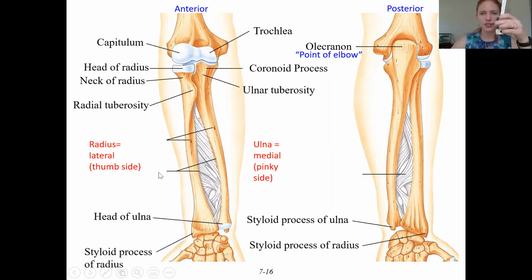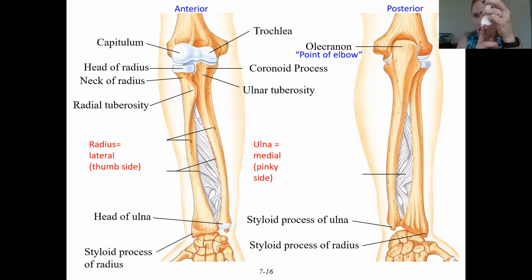Okay, now looking at the bottom here, and hopefully you are pretty good with the skull by now, right next to the mastoid process is a very sharp process that sticks straight out. That was called the styloid process.